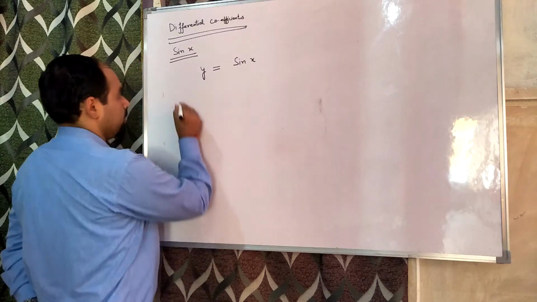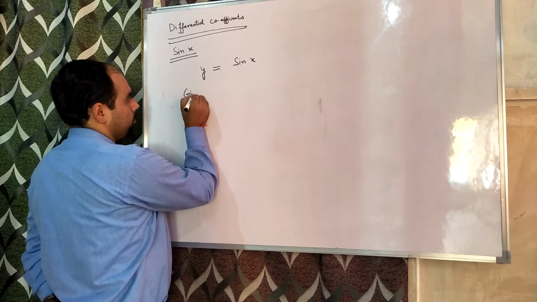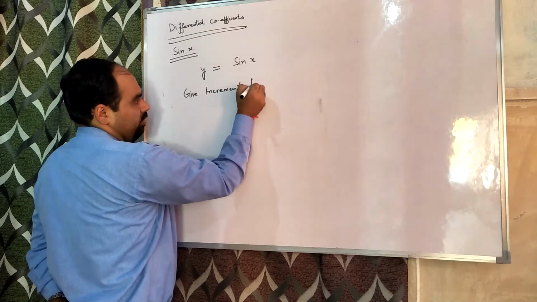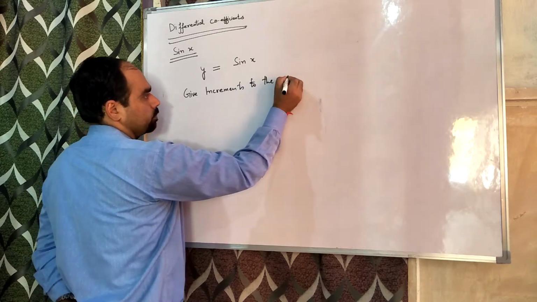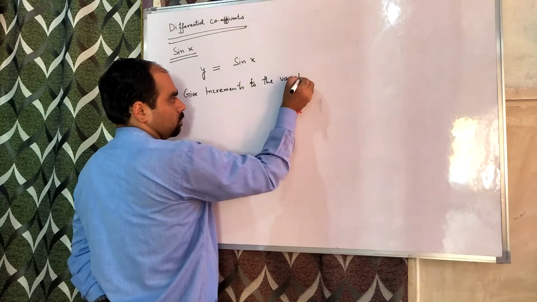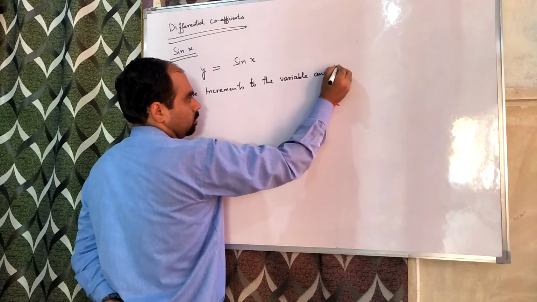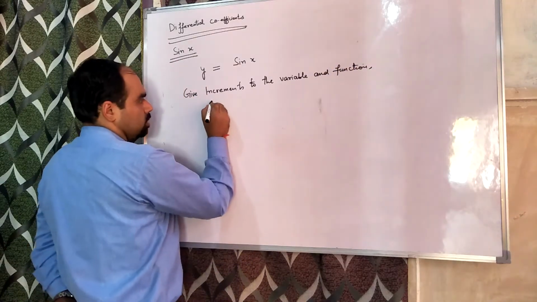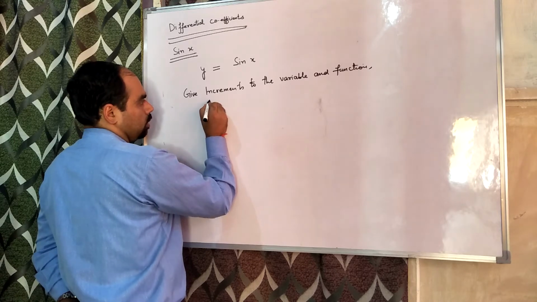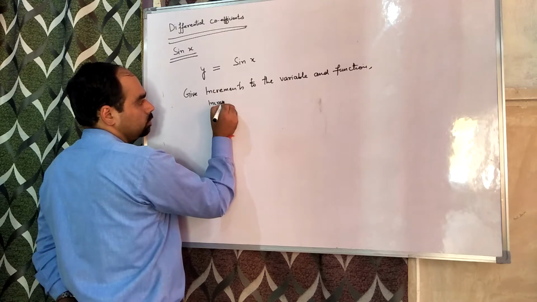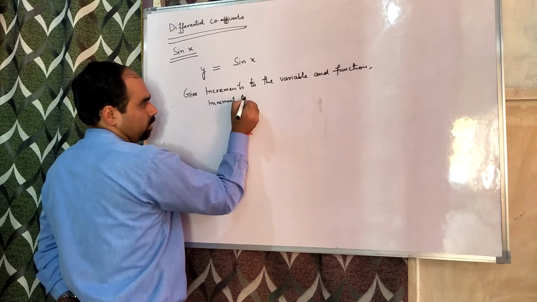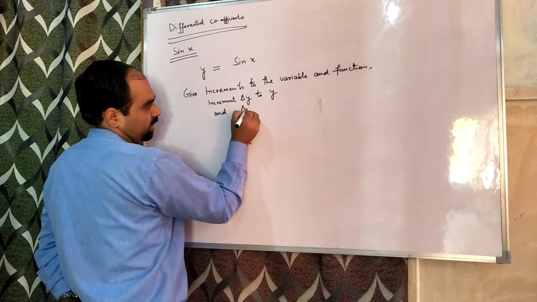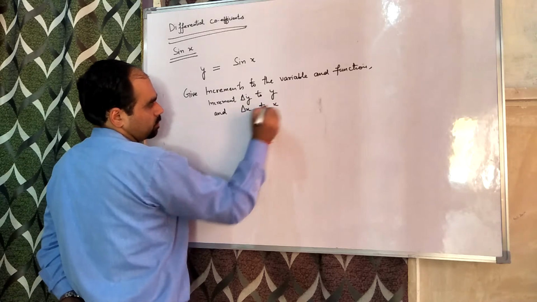The second step: give increments to the variable and function, that is, increment delta y to y and delta x to x.